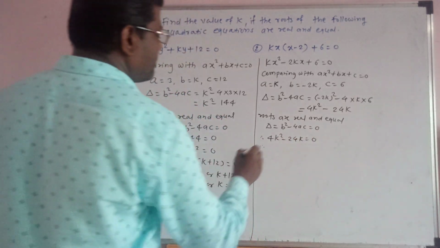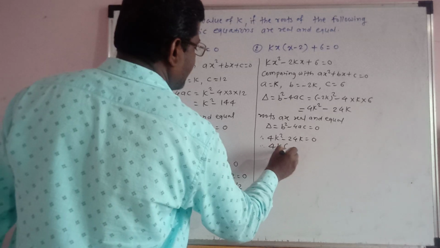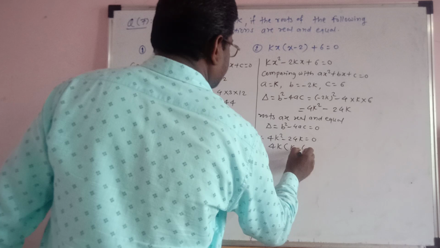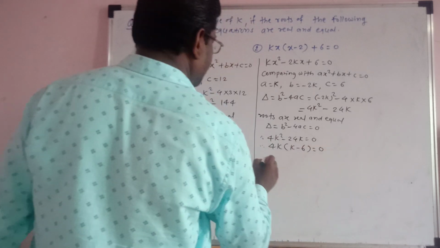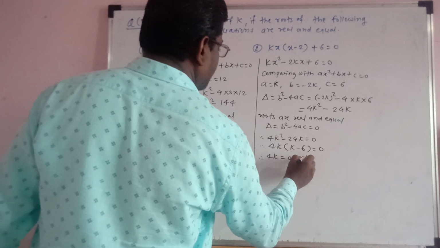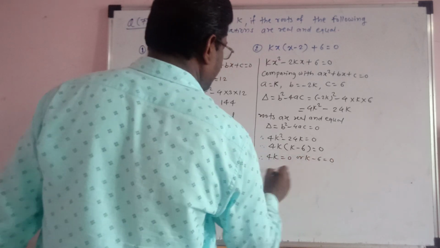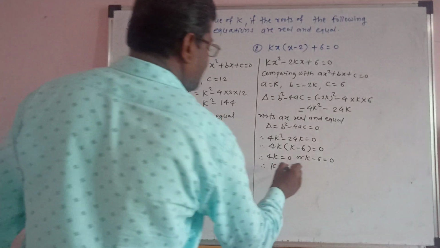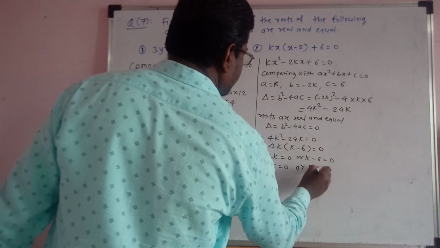Take 4k common, 4k in bracket, k minus 6 is equal to 0. Therefore 4k is equal to 0 or k minus 6 is equal to 0. 4k is equal to 0 means k is equal to 0 or k is equal to 6.